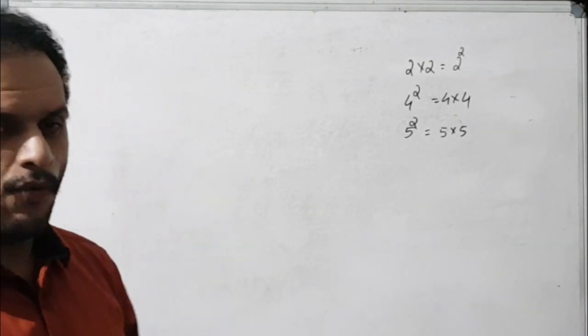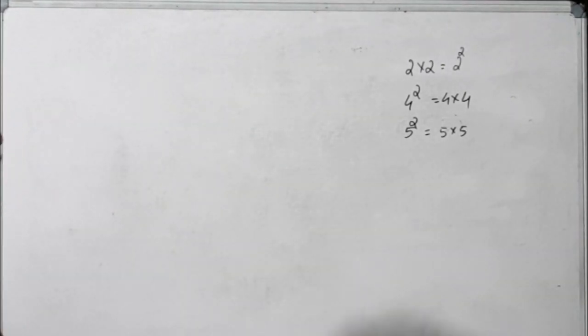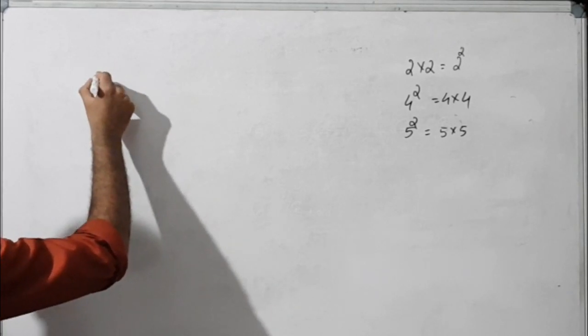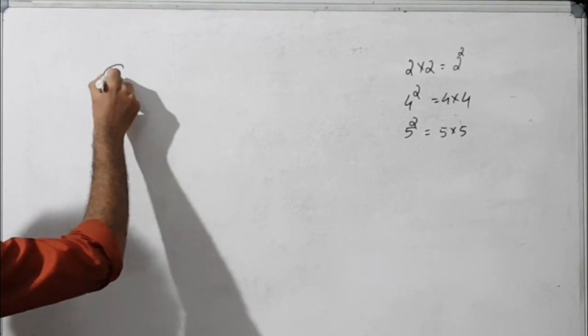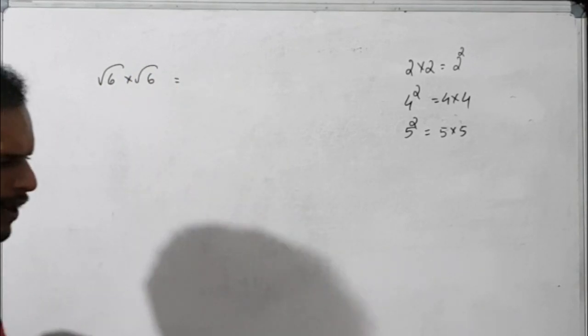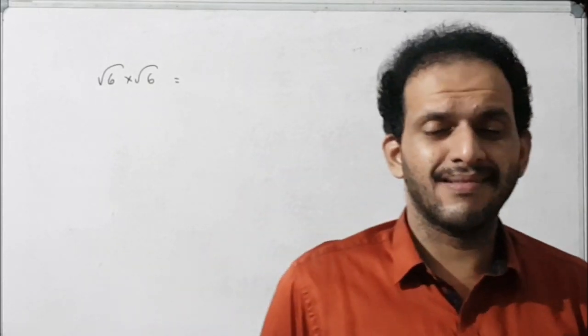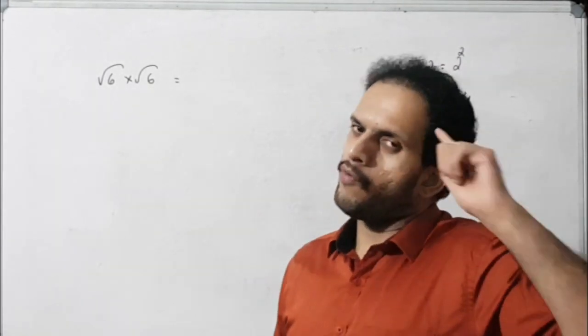Then next, we know how to multiply two irrational numbers. Correct? For example, if you want to multiply root 6 into root 6. How do we multiply root 6 into root 6? We learned one idea.